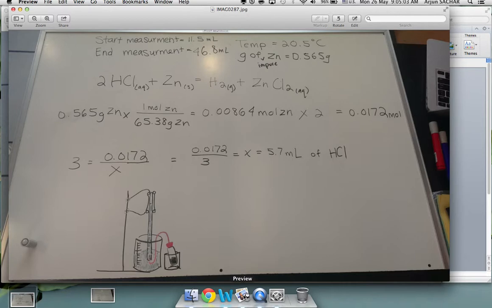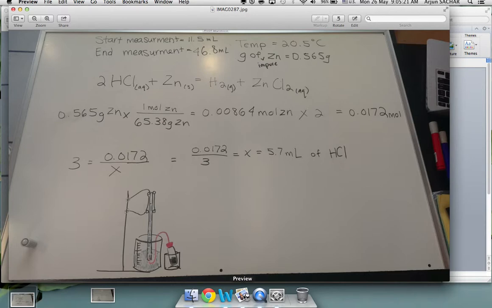After you measure out the amount of impure zinc, you have to do these calculations, as you can see on the board, to find how much HCl you mix with the impure zinc.